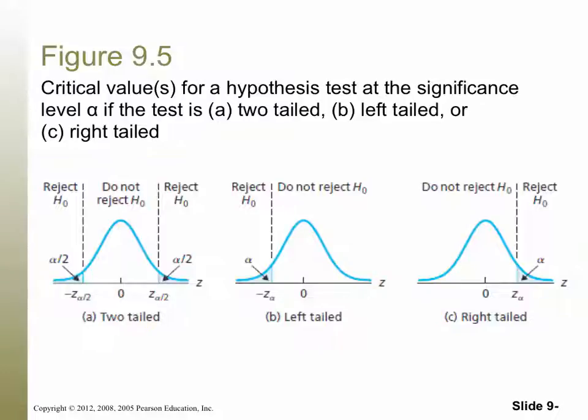So at the 5% significance level, the area on either side is 2.5%. So alpha over 2, this area right here. At alpha equals 0.05, that area is 0.025. So when you go into the z table, you're not using 0.05 for the two-tailed test. You're using 0.025.